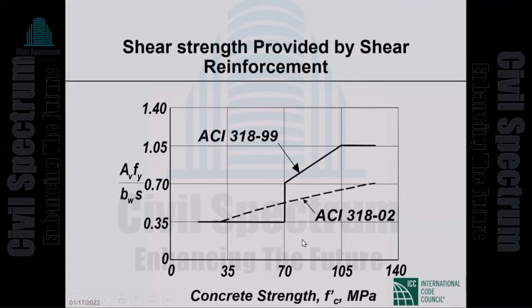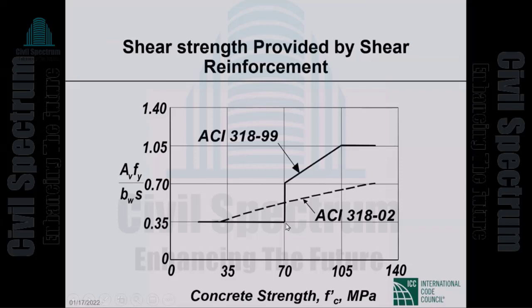So where we started is this: 70 MPa is 10,000 psi. This is the shear reinforcement. We provided minimum, or we had to provide minimum shear reinforcement anyway.